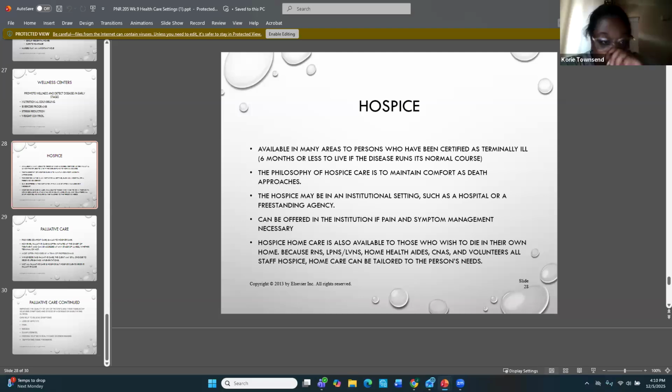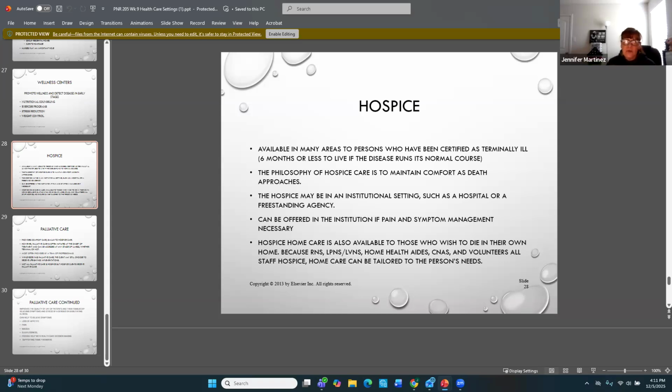So with palliative care, you don't have to be terminal. With hospice care, generally speaking, right, we are considered terminal. So hospice, you've been certified as terminally ill.